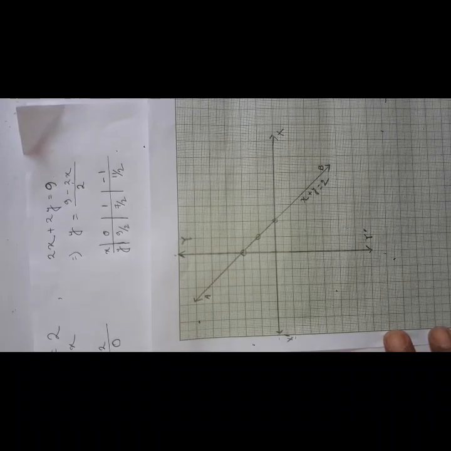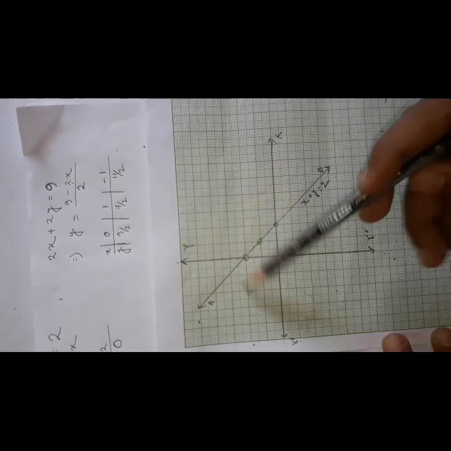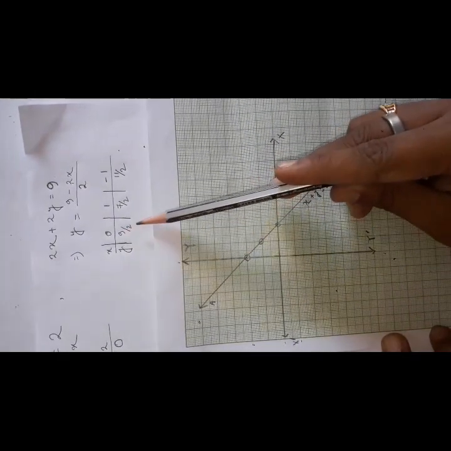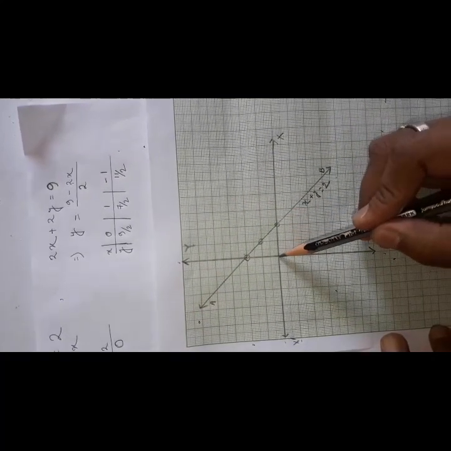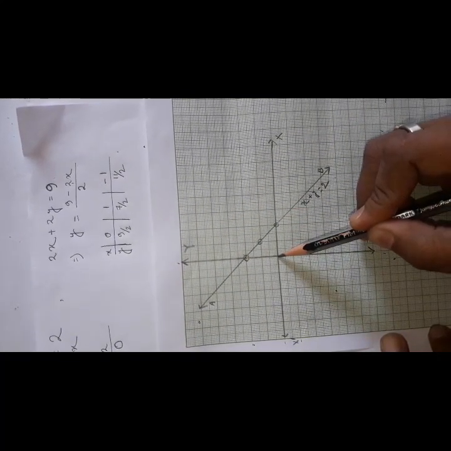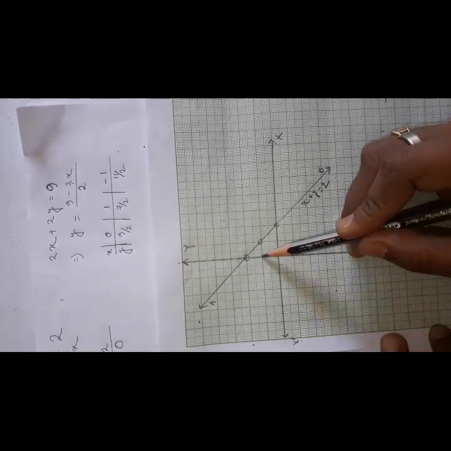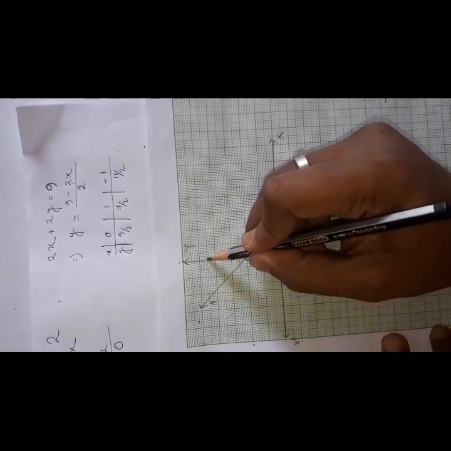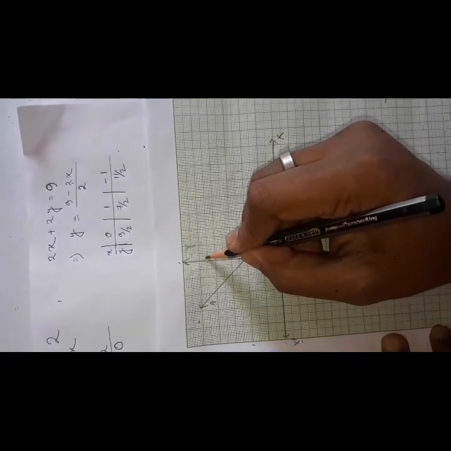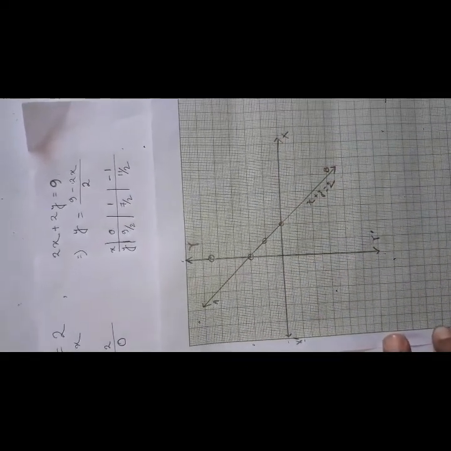To represent that line, what to do? Now again we have to locate these points. What is the first point? (0, 9/2), that is x is equal to 0, y is 9 by 2. 9 by 2 means 4 and 1 by 2, that is 1, 2, 3, 4, and this is the half. This is the point which represents (0, 9/2).